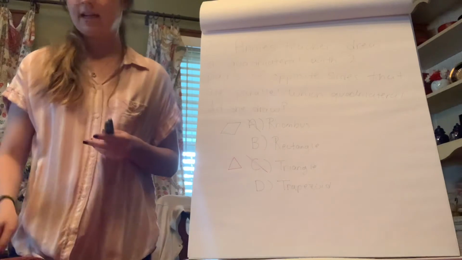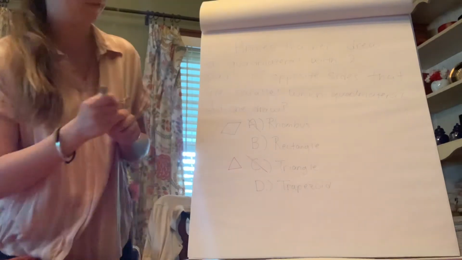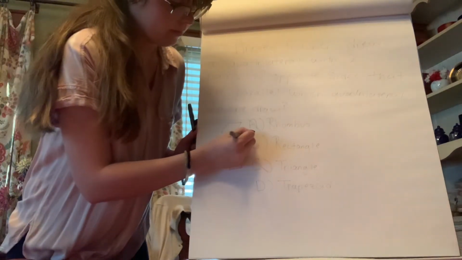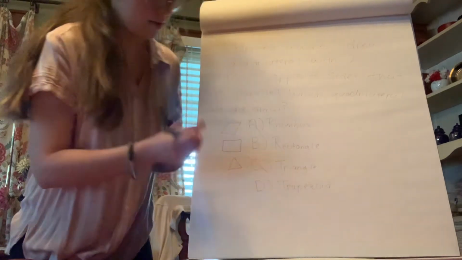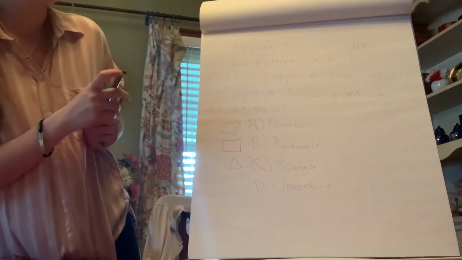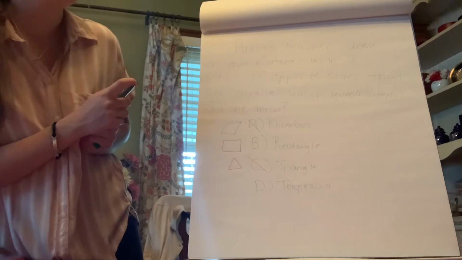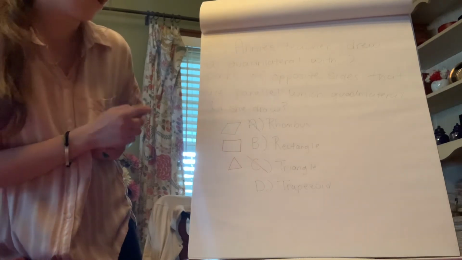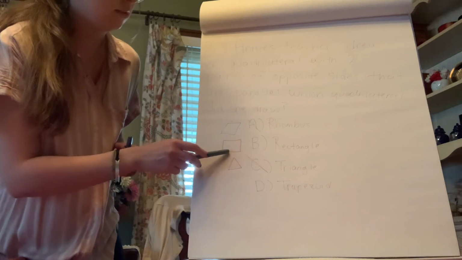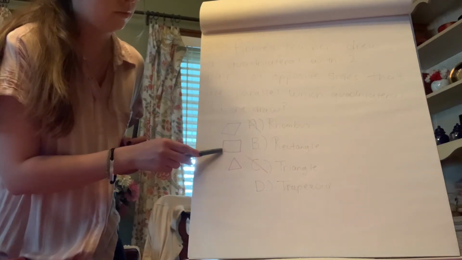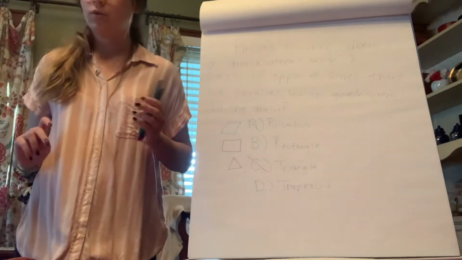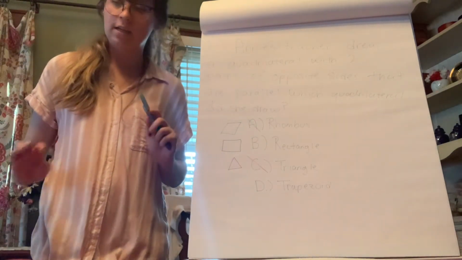Next, I've got a rectangle. Let's do purple for rectangle. Does that one have 2 pairs of opposite sides that are parallel? I'm thinking yes. I also have trapezoid, so let's check out trapezoid to make sure.